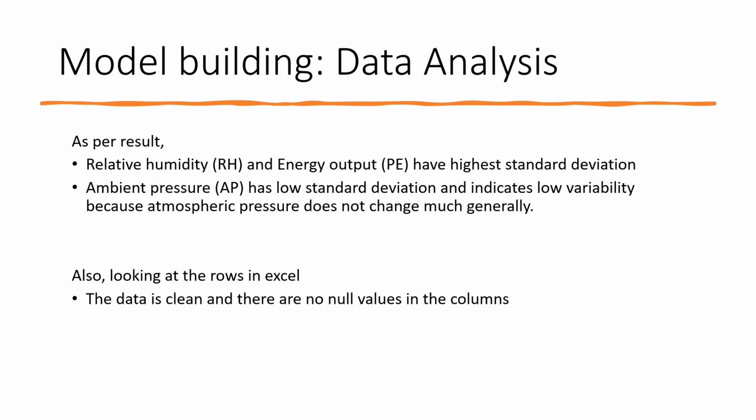Ambient pressure has low standard deviation and indicates low variability because atmospheric pressure does not change much generally. Also, looking at the rows in the Excel, I see that the data is clean and there are no null values in the columns.